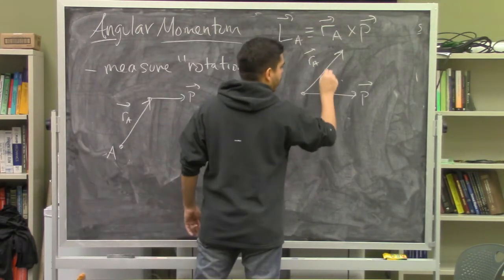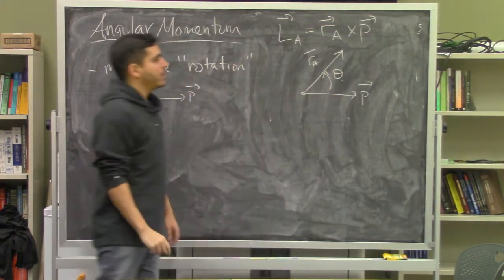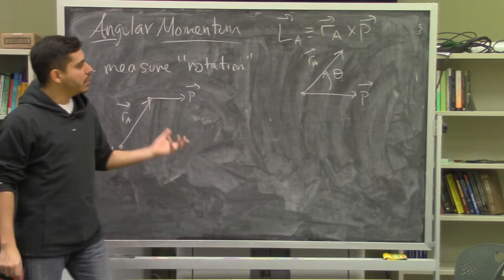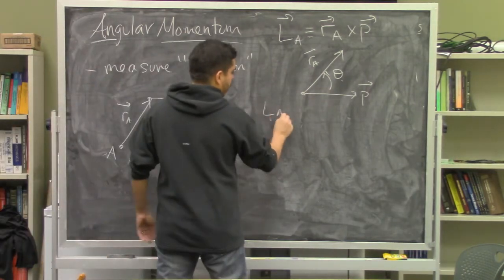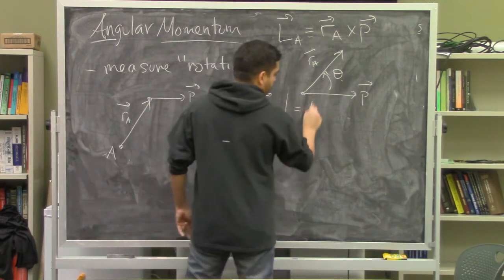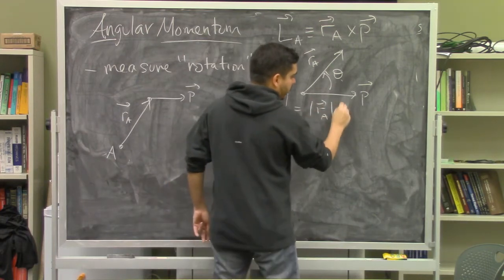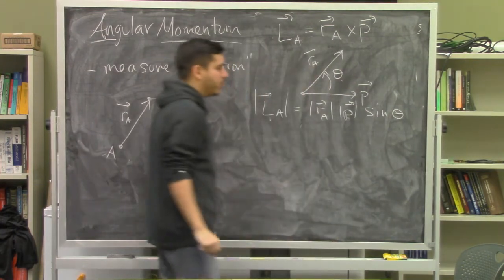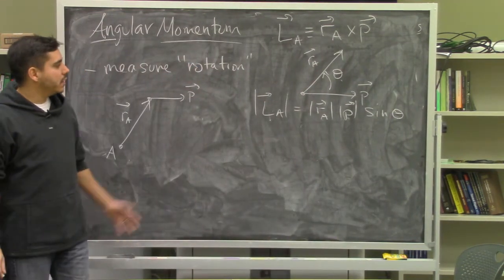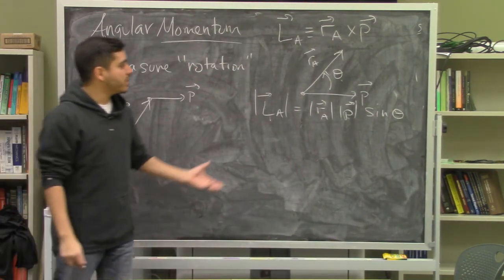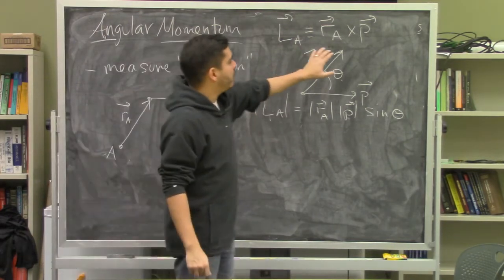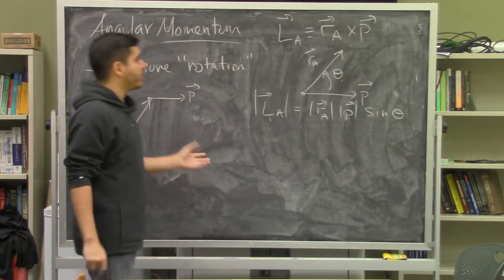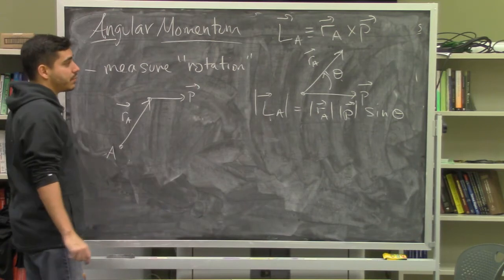We're allowed to move the tails around, and there's an angle theta. And as we talked about with torque, we end up with a very similar result in that the magnitude of this is the magnitude of the location vector times the magnitude of the momentum vector times the sine of the angle between them. This is just like we saw with torque, except now we have different vectors that we're paying attention to. Instead of the force vector, we're paying attention to the momentum vector.